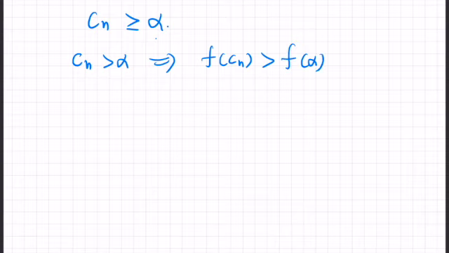So if Cn is greater than alpha, then f of Cn is greater than f of alpha, but f of alpha is equal to 0.